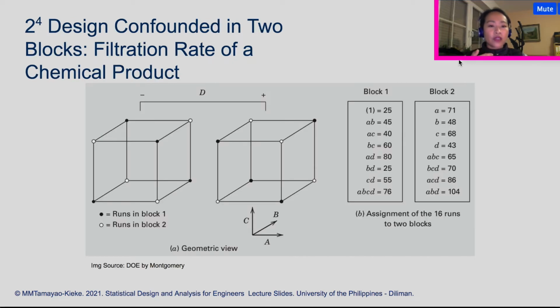Therefore this was originally 45. So minus 20, it became 25, for purposes of illustration. So all of these values are 20 units lower.